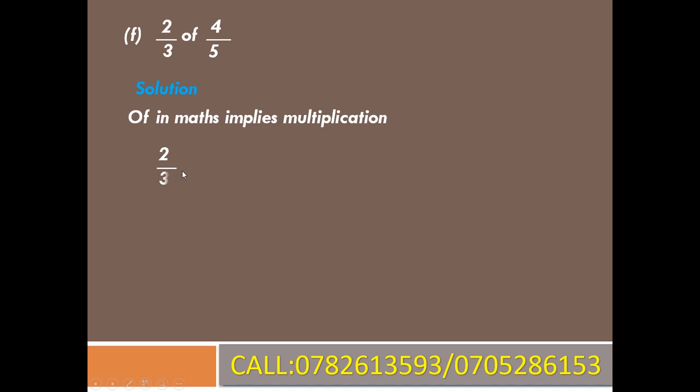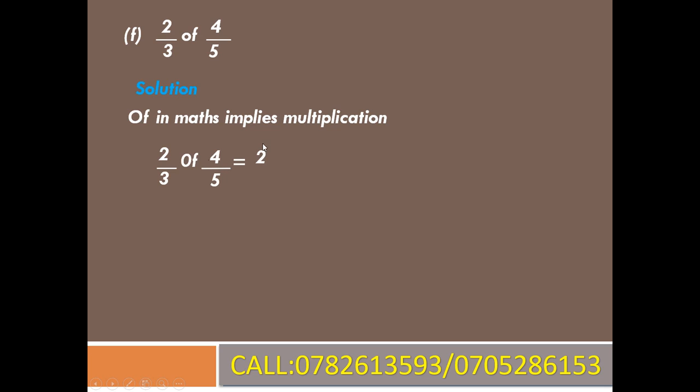So can we now look at another concept in example 6? 2 out of 3 of 4 out of 5. What does "of" in mathematics imply? It implies multiplication. So instead of writing "of", you can as well put times.